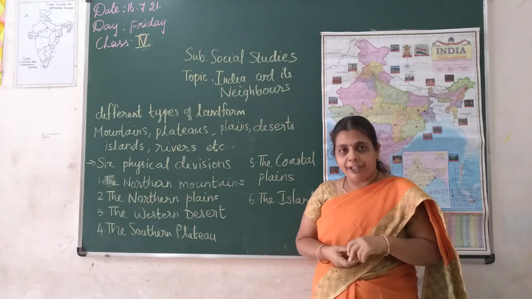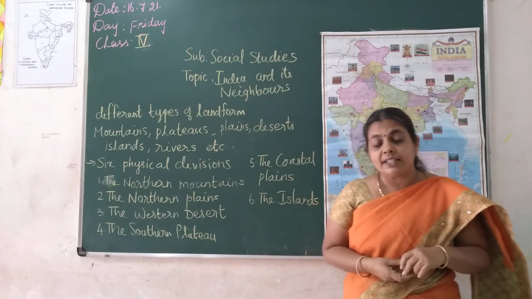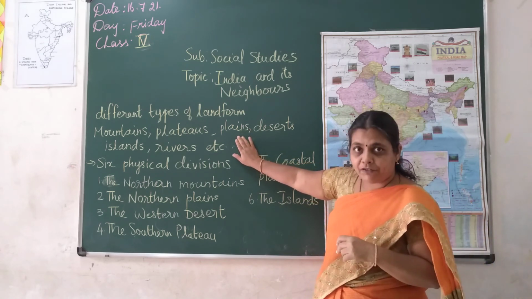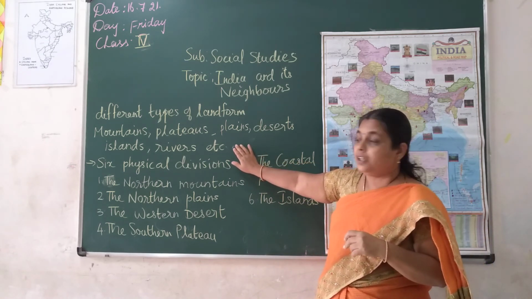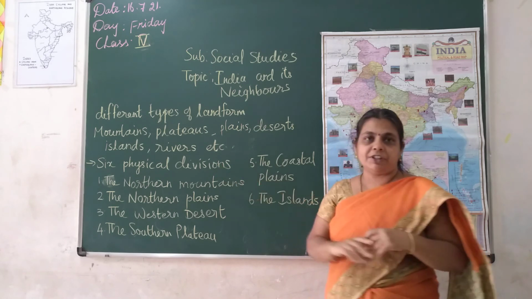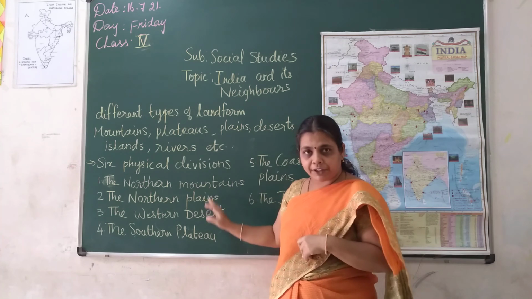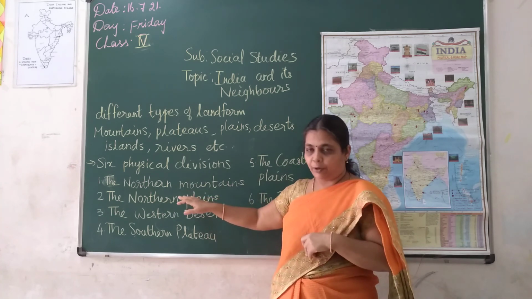In India there are 6 physical divisions, children, based on these landforms. So what are they? First I will read it out, then we will go one by one.